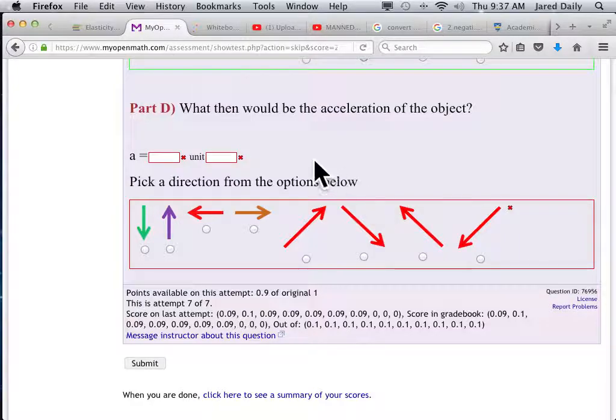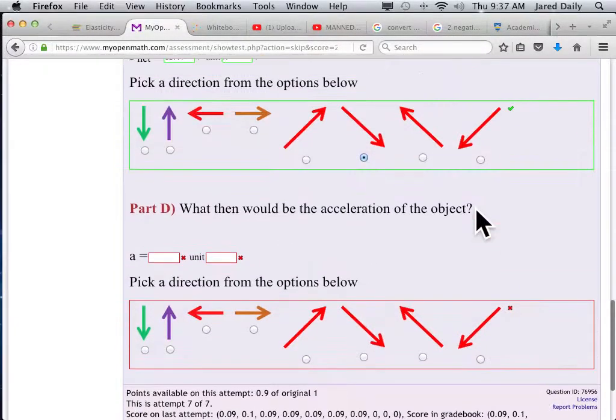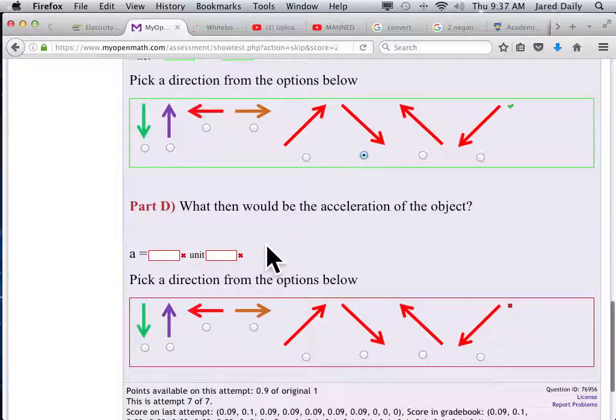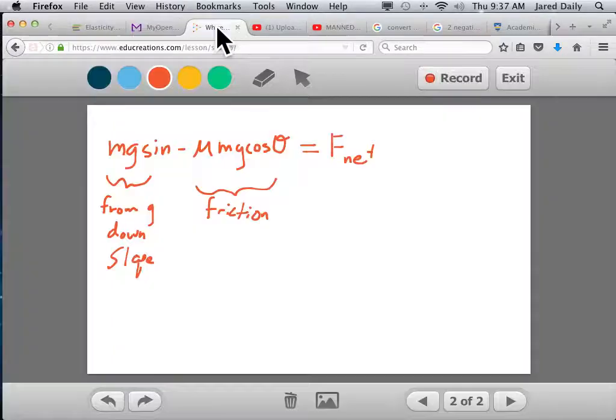Okay, so now what is the acceleration of the object to the right? How are we going to calculate that? Well, we know the force, right? So how do you calculate acceleration if you know force? Divided by mass. Yep. You know that net force equals mass times acceleration, right? So you can just divide by the mass on both sides, and you will get the acceleration equals the force divided by mass.